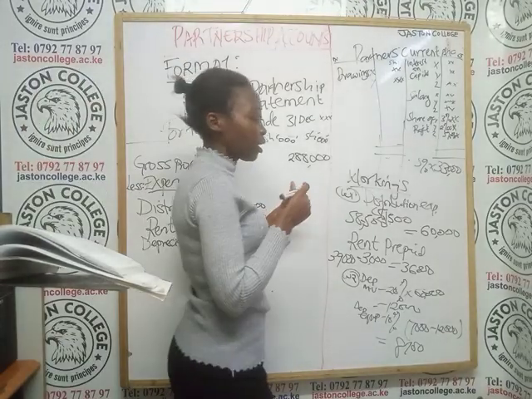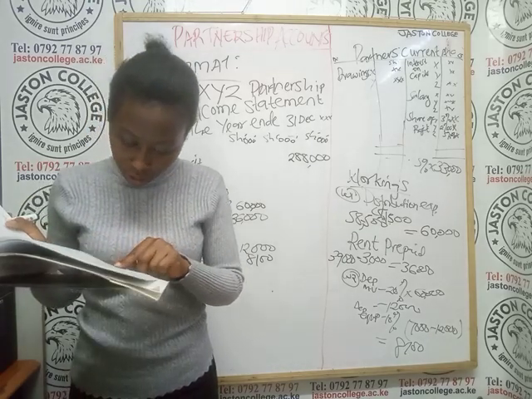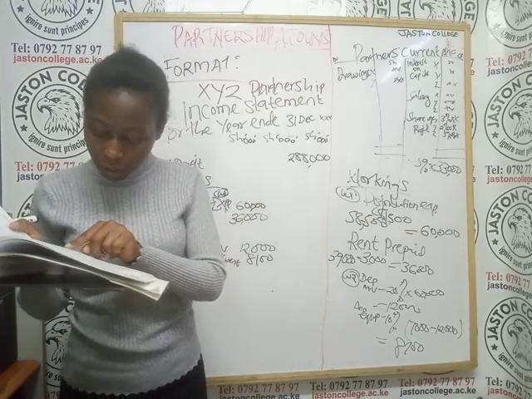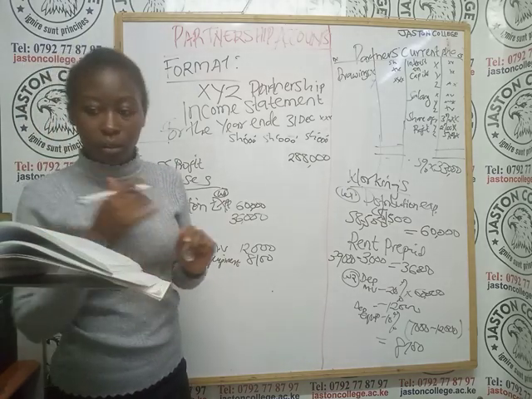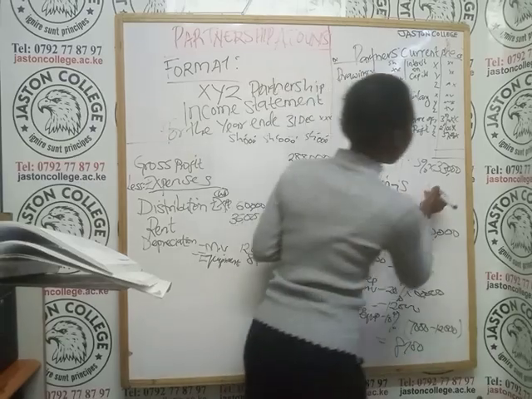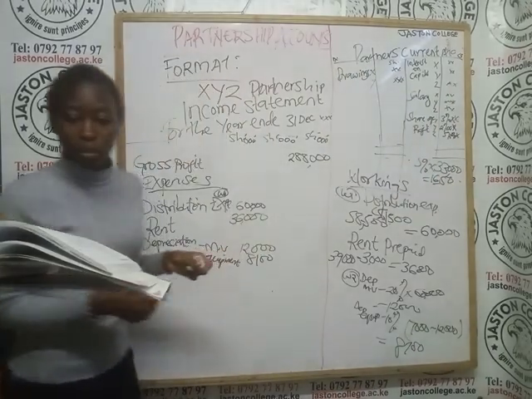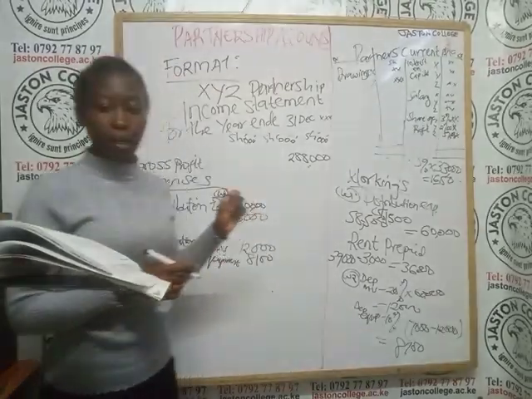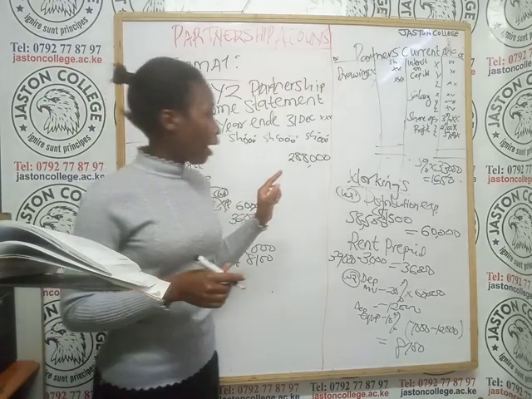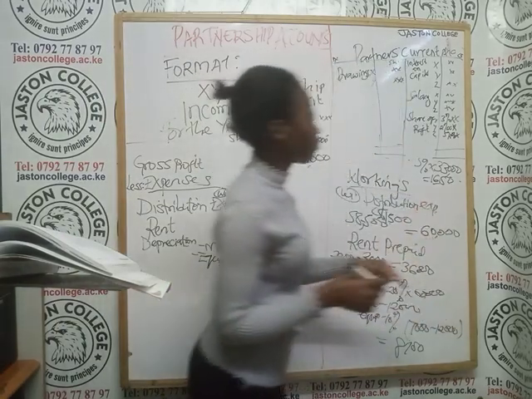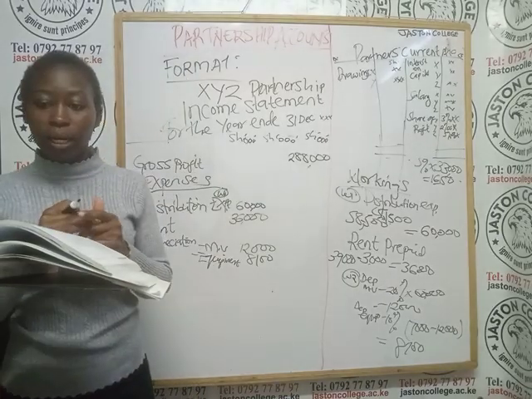Then we take the allowance for doubtful debts that we have been given, 1350. So we take the allowance for doubtful debts that we've been given, then we less.